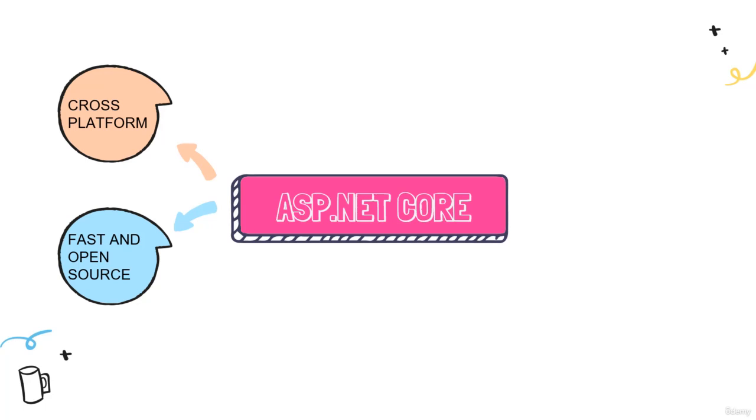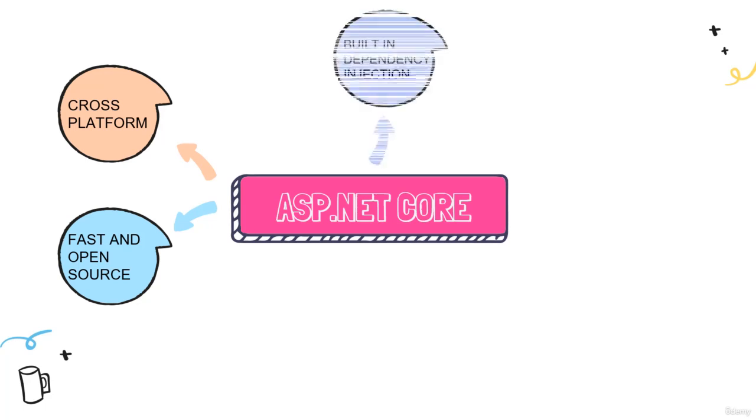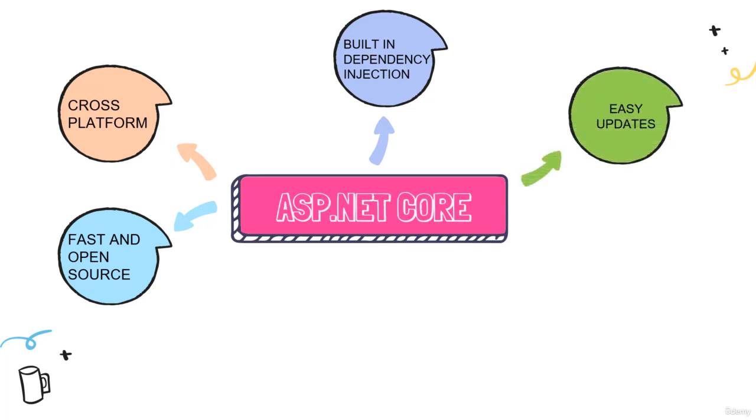We also have built-in support for dependency injection, which saves a lot of time and is extremely helpful. Once you get used to using dependency injection, you cannot imagine your application without that. With any programming language, it is critical that the new updates or the new versions that are released should be easily upgradable. And that is one of the features with .NET Core.